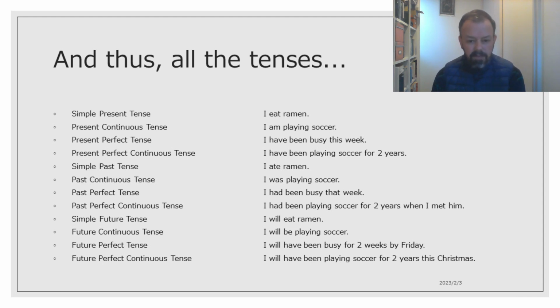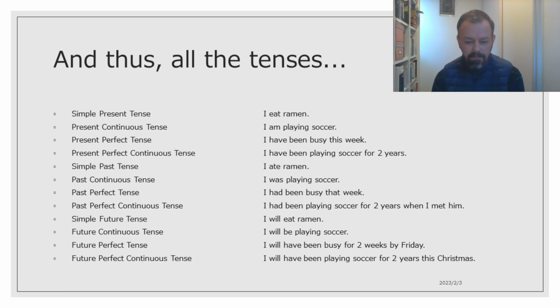The present perfect tense is used to describe various situations, but generally it's used to describe either experiences that have happened in our lives, or recent past events which are connected to the present, which is quite difficult to understand.